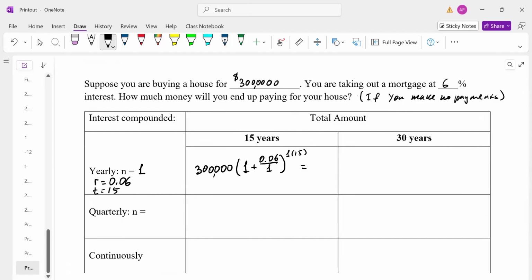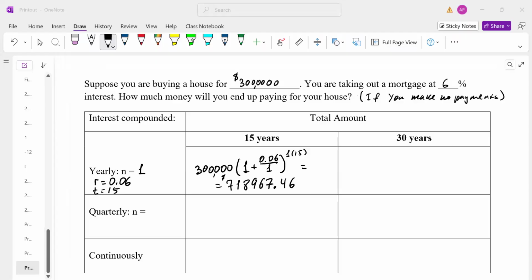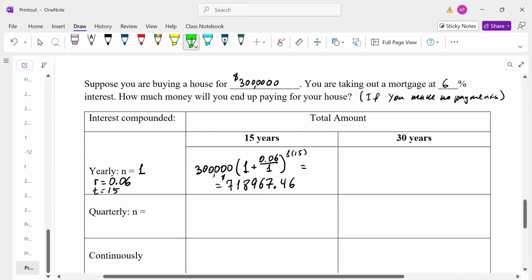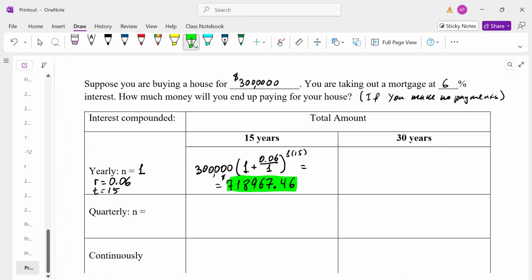I'll just pause this video so you don't have to wait. Okay, so if you make no payments for 15 years on your house, you will have to pay $718,167.46. Once again, that means you're making no payments whatsoever.